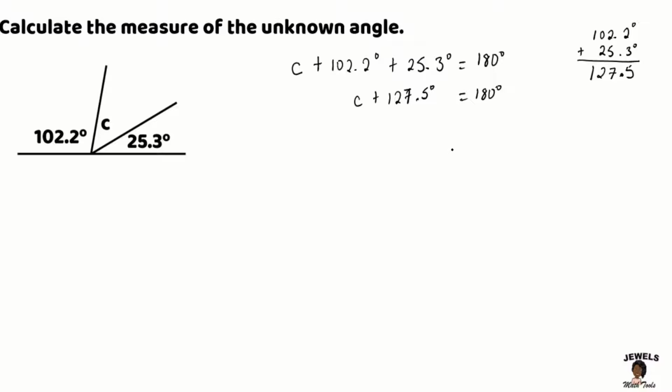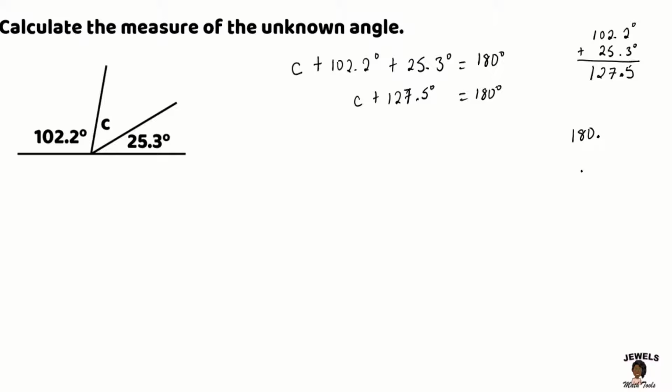So now that I have the sum of my two angles that were given, I'm now going to subtract that sum from 180 degrees. And again, remember that your decimal point in your whole number is always behind that last digit. So just because you don't see a decimal point in 180 degrees doesn't mean it doesn't have one. You just have to write it in.